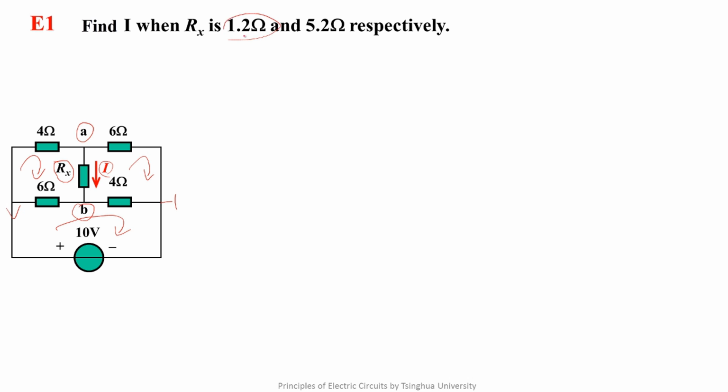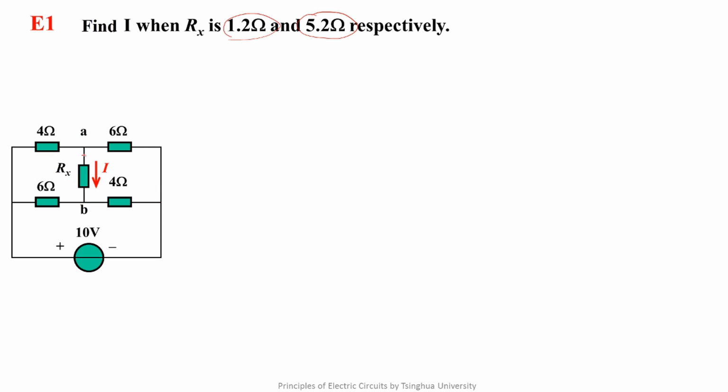But Rx has two values, 1.2 ohms and 5.2 ohms, which means the coefficient matrix of the two node voltage linear algebraic equations will be changed, and the coefficient matrix of the three mesh currents linear algebraic equations will be changed too. The calculations are too complicated to get the results from the two situations. If we use the Thevenin theorem to solve the question, the solution will be simplified.